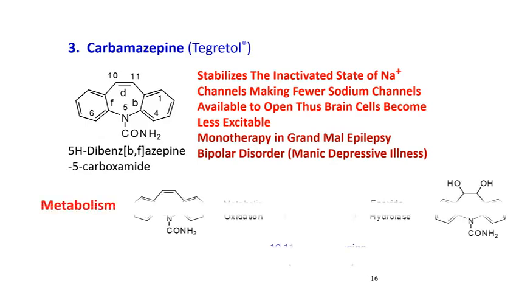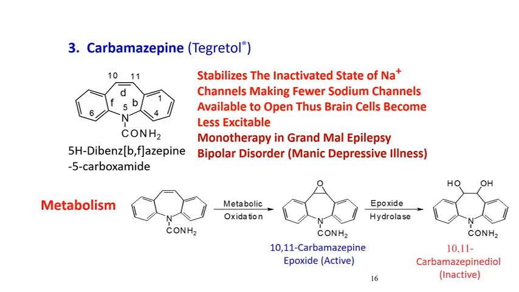Its problem is that upon its metabolism, it is able to be converted by oxidation into the epoxide derivative, as you can recognize here. The epoxide derivative, upon a hydrolase enzyme, yields the formation of the dihydroxy. Up to the level of an epoxide, carbamazepine is still active, and when it is converted to the dihydroxy, it is inactive.